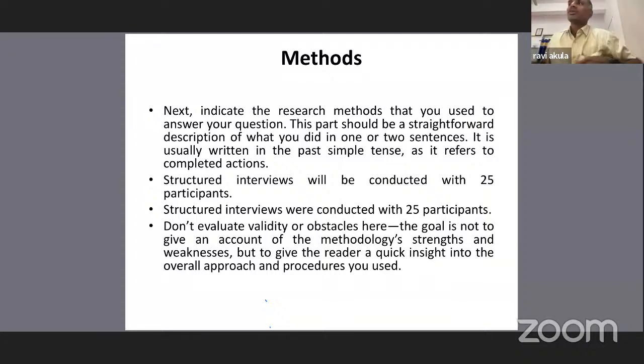So in our management or commerce business studies research papers, usually the methodology of research consists of the area of the study, the period of study, and also the data sources, whether the research is undertaken based on primary data or secondary data.